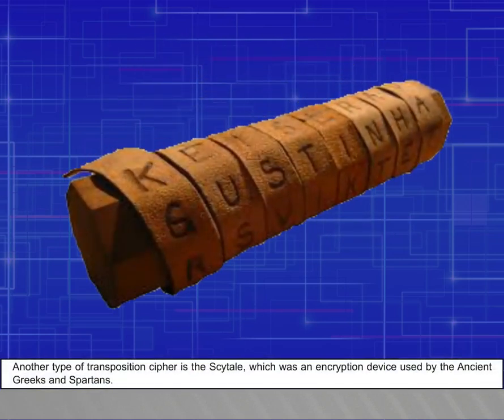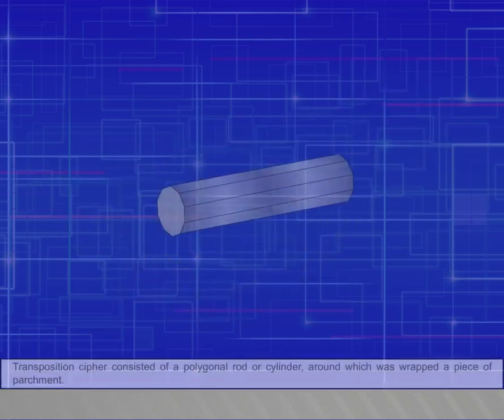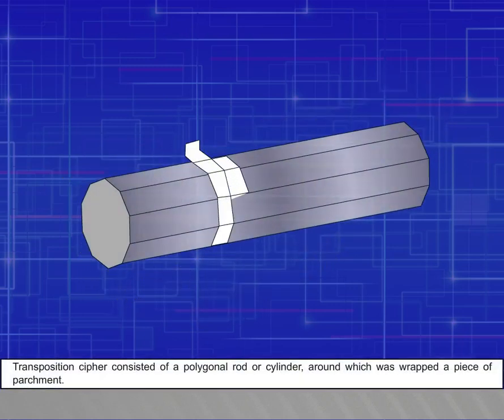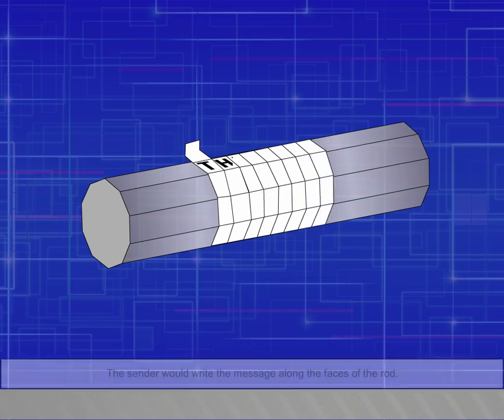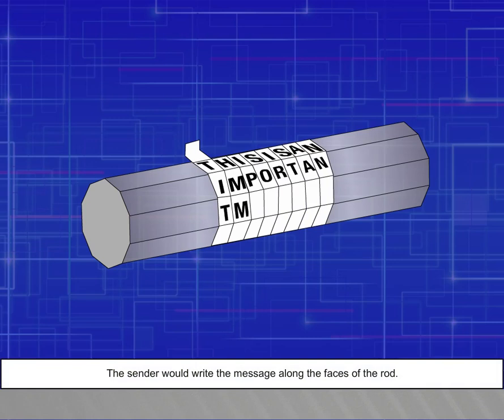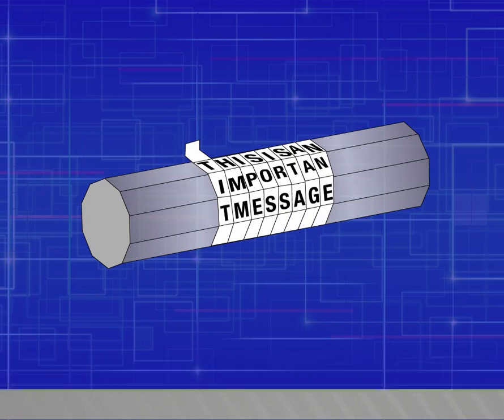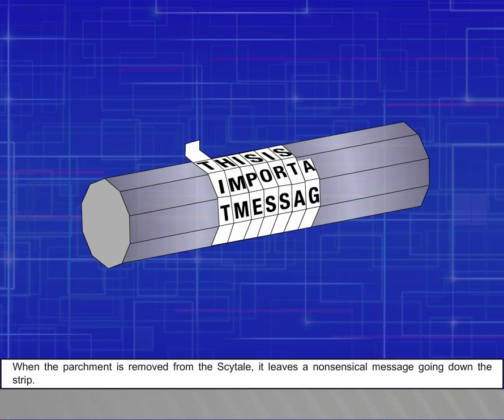Another type of transposition cipher is the scytale, which was an encryption device used by the ancient Greeks and Spartans. It consisted of a polygonal rod or cylinder around which was wrapped a piece of parchment. The sender would write the message along the faces of the rod. When the parchment is removed from the scytale, it leaves a nonsensical message going down the strip.